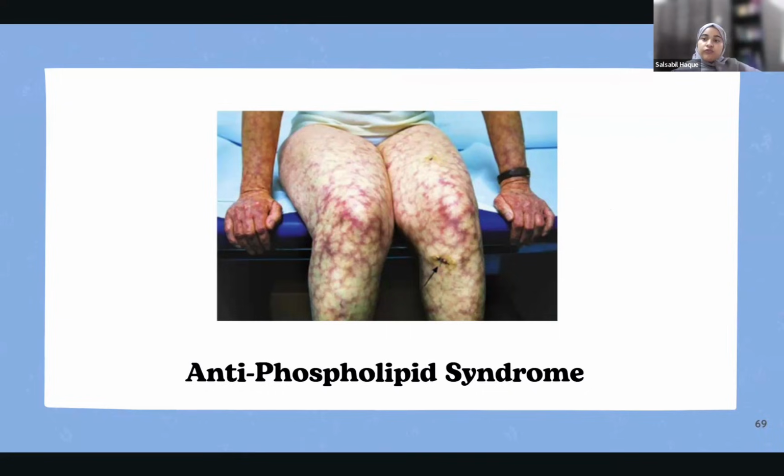The antibodies you will look for are antiphospholipid antibodies, which can be lupus anticoagulant or anticardiolipin antibodies, or even sometimes SLE antibodies are positive. Again, this can come as an SAQ as well. So repeated first trimester abortions, and antiphospholipid antibodies are lupus anticoagulant or anticardiolipin antibodies.